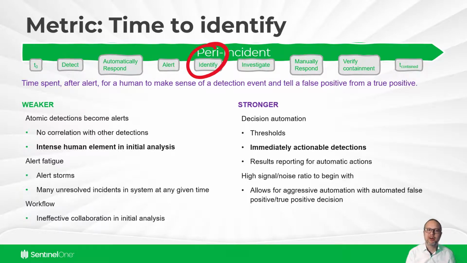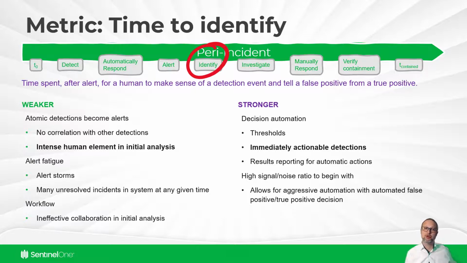Then you need to identify what's going on. And the weaker approaches rely on a very intense human element to do this initial analysis. So they require you to do things like following PIDs, following attackers across systems, rather than automatically correlating these things for you and putting them in one big incident alert so that you can understand what's going on and also constantly understand what is still going on, because you're in the midst of an incident.